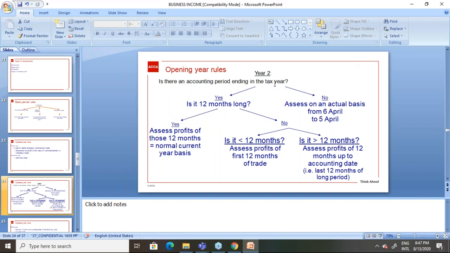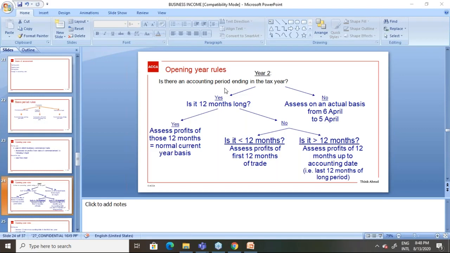But when it comes to the second tax year, the rules are a little different and complicated. So for the second and third years, you need to apply these rules, and you need to understand them very carefully. That's the most important part. In the second year, you have to ask the same question that I mentioned under current year basis.